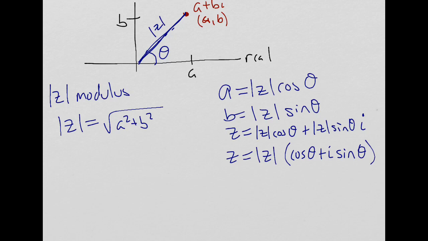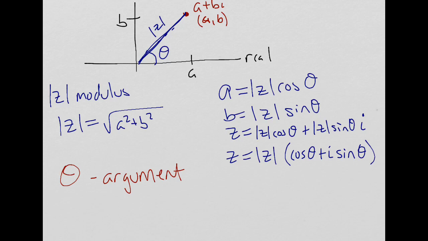And then we've got two different components. The modulus, which we already defined, and then this theta, the angle that we needed to move through to get up to the line connecting this complex number point to the origin, is called the argument.